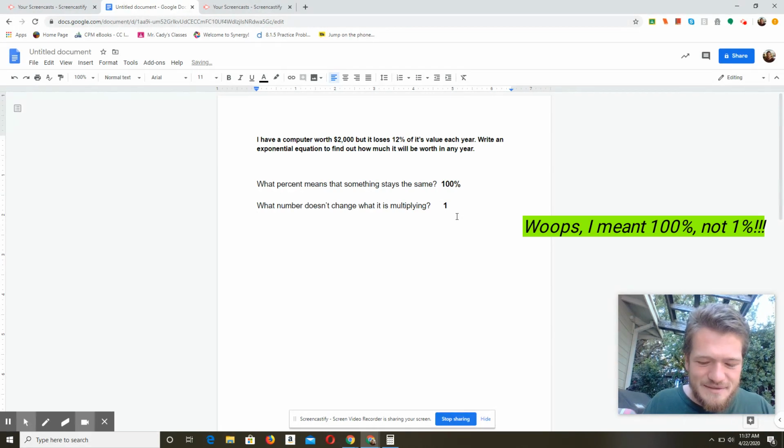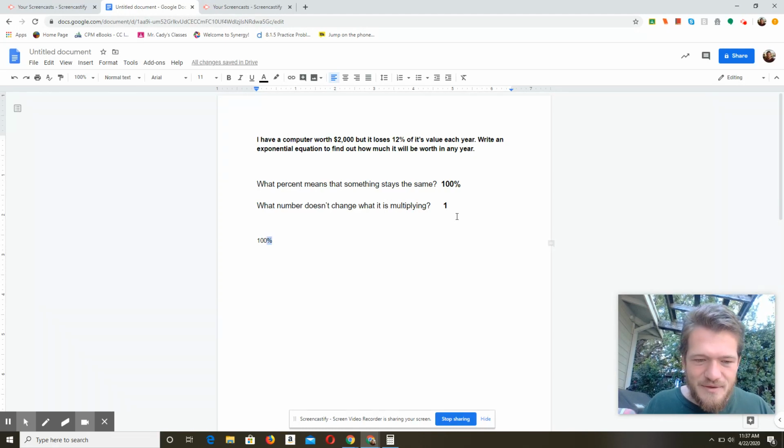If you think about it like this, 100%, the percent sign here really just means divided by 100. So percent just means divided by 100. And then I get rid of the percent sign. That's 1. 100 divided by 100 is 1, right? So if we're talking about something decreasing by 12%, it's going to look like this.